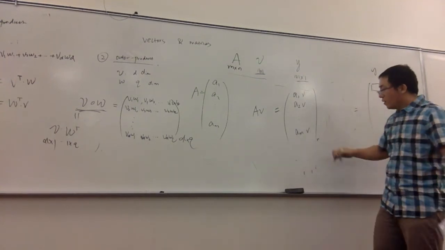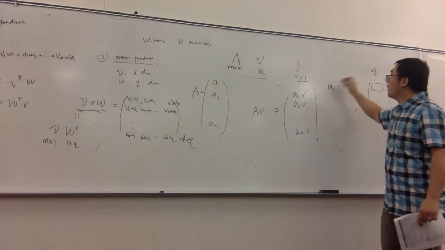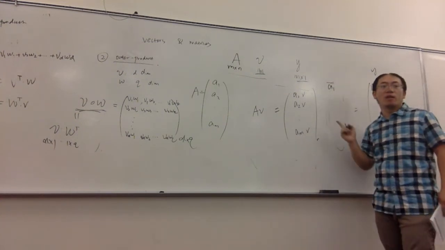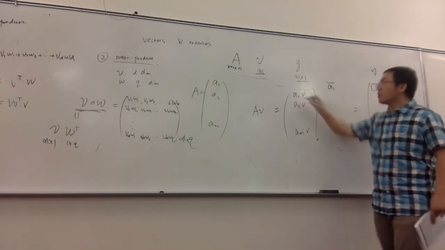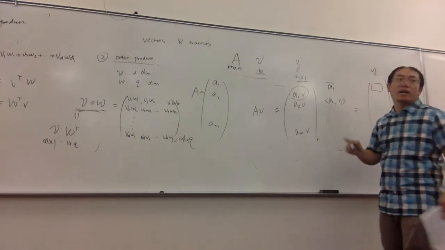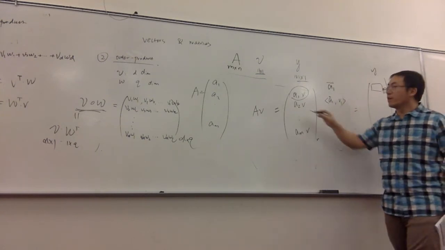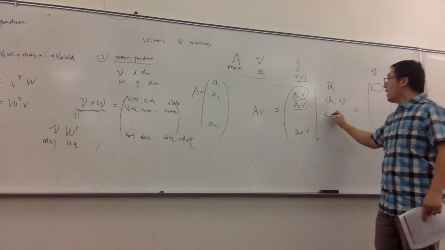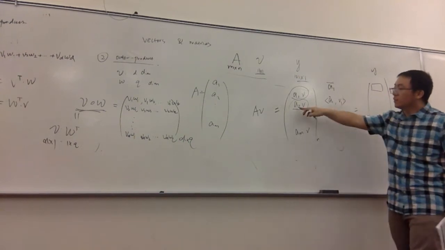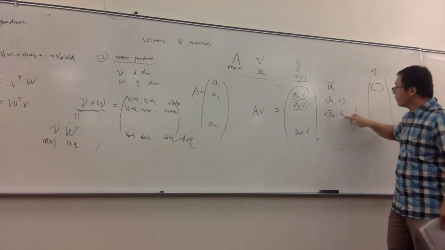So if we write down the column version of A1 as A1 bar, then actually this product is the inner product between A1 bar and v. And similarly, this is the inner product of A2 bar and v.